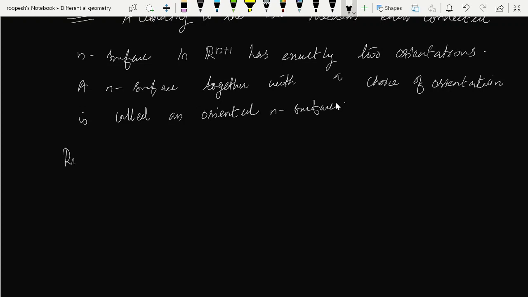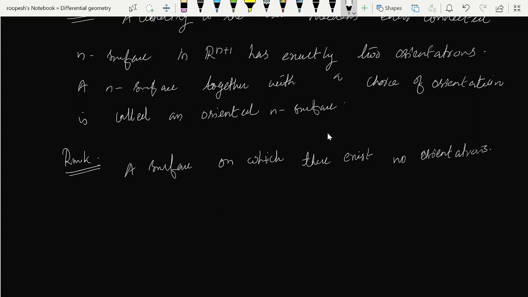Here is a remark. A surface on which there exist no orientations. So, does there exist any surface in which we cannot give an orientation?